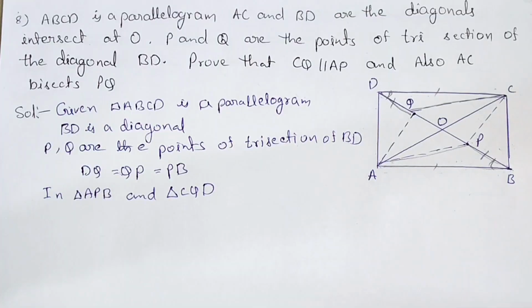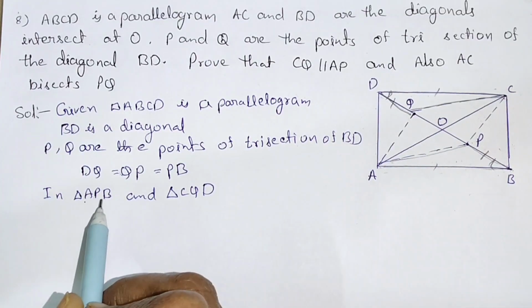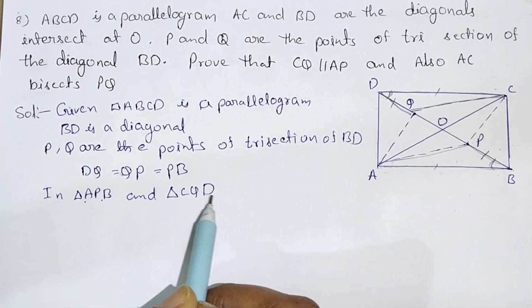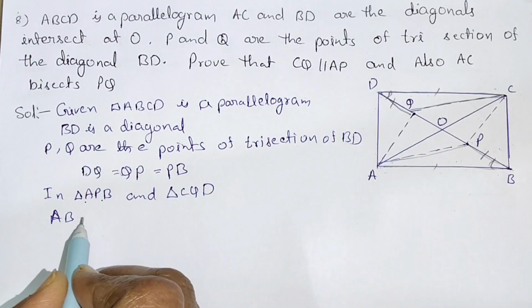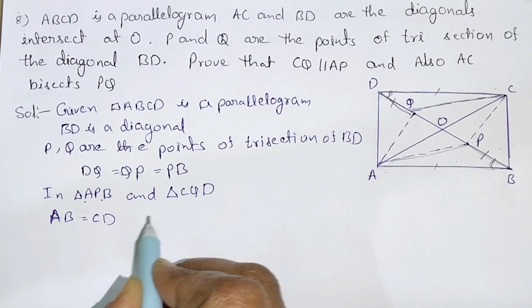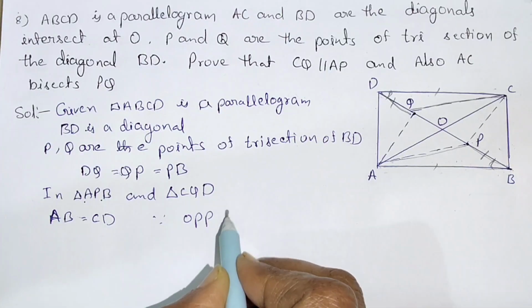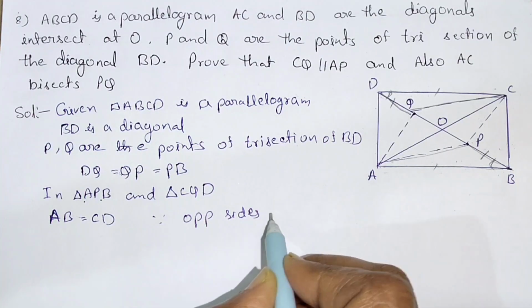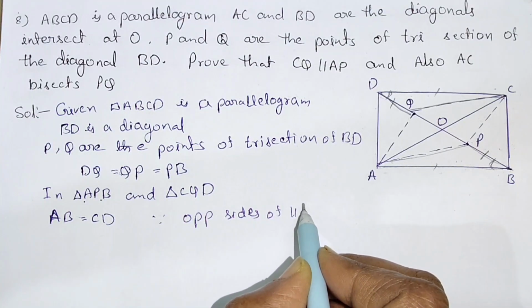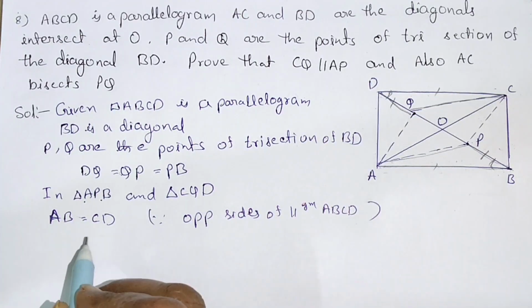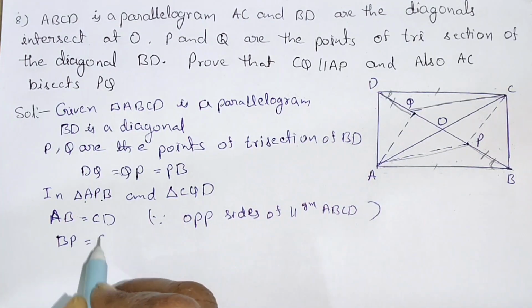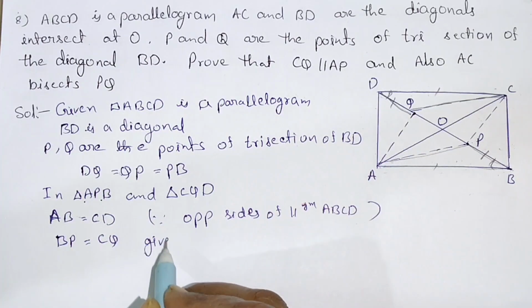So we write that one. In triangle APB and triangle CQD, AB equal to CD, opposite sides of a parallelogram ABCD. Next, BP equal to DQ, given in the question.